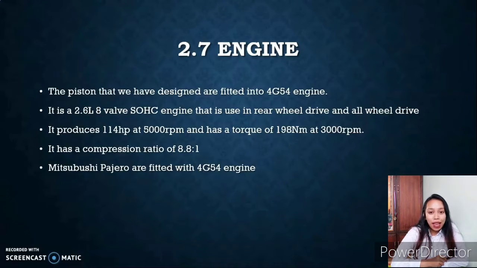It produces 114 horsepower at 500 RPM and has a torque of 198 Newton meter at 3000 RPM. It also has a compression ratio of 8.8 to 1. Mitsubishi Pajero are fitted with this engine, which is the 4G54 engine.